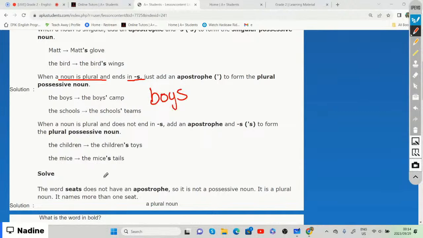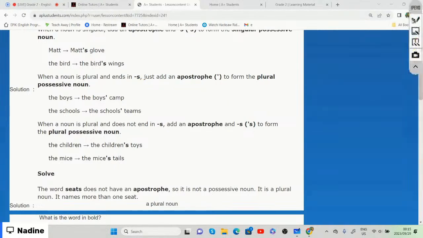Then instead of putting another apostrophe and an S, that is wrong. All we do is, if that's the word boys, we just put the apostrophe at the end. We're not adding another S. We just put the apostrophe. So that shows plural possessive.